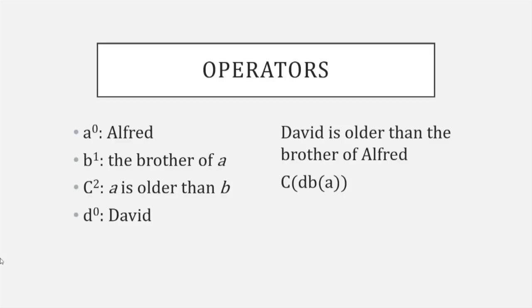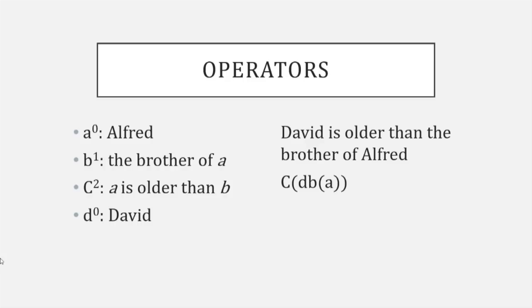Okay, so an operator is like a name, like a variable name. If I wanted to say David is older than the brother of Alfred, I could write it like this. Alfred is a name, a zero-place thing. B is the brother of A. So B acts like a subject. It's not a predicate. It acts like a subject in the sentence, and it takes a value.